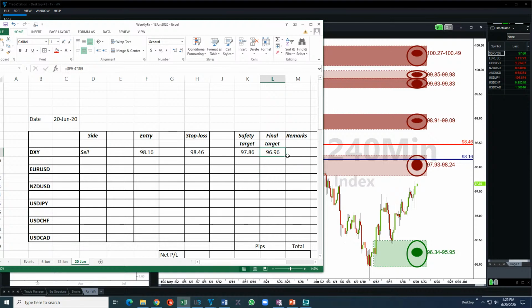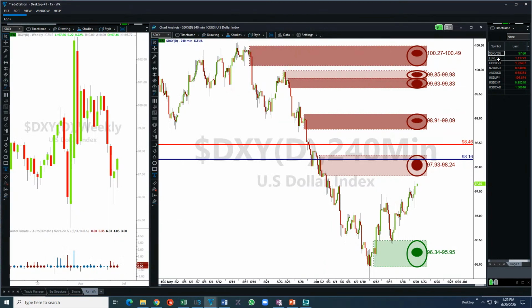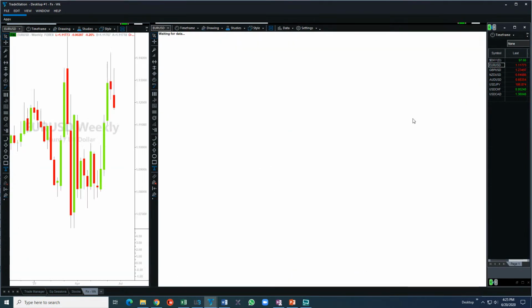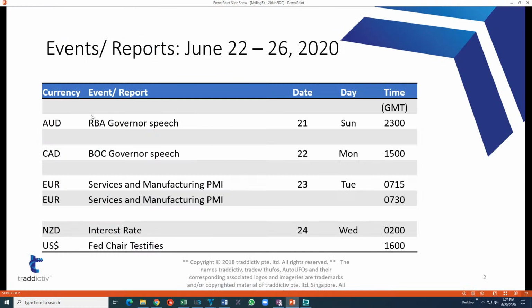If everybody is okay with the plan, let's move on and look at the euro dollar. Everybody okay? So let's move on and look at the euro dollar. Again, just a quick review of the big news and events. It's always good to have an eye on when this news comes out, and accordingly, do we need to adjust our entry?